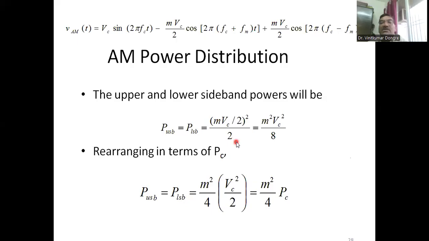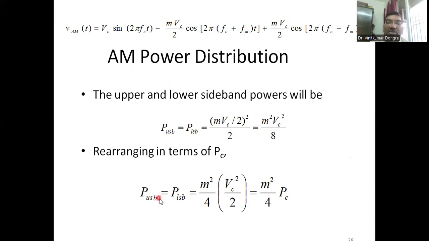We have taken the previous formula, that is V square by 2. Simplify this: it becomes M square VC square, 2 becomes 4, 4 into 2 becomes 8. So M square VC square by 8 is the power content of each sideband.